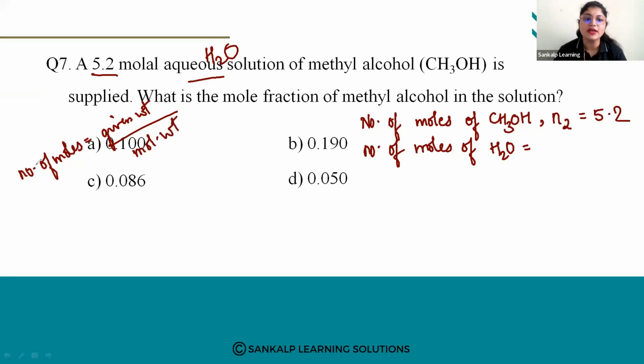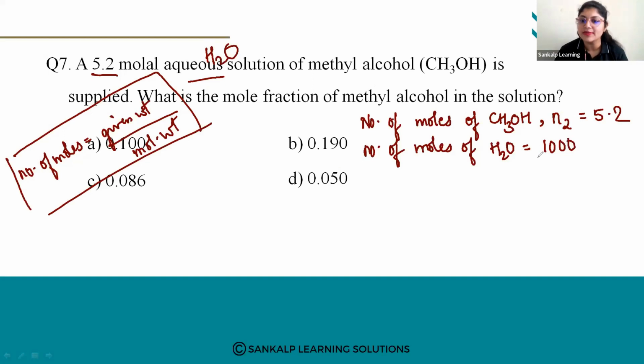What is the given weight of water? It is in 1 liter, so 1 liter means 1000 ml. So 1000 divided by the molecular weight of H2O: hydrogen is 2 plus oxygen is 16, so it will be 18. So 1000 divided by 18 will be 55.5. So this is the number of moles of water.